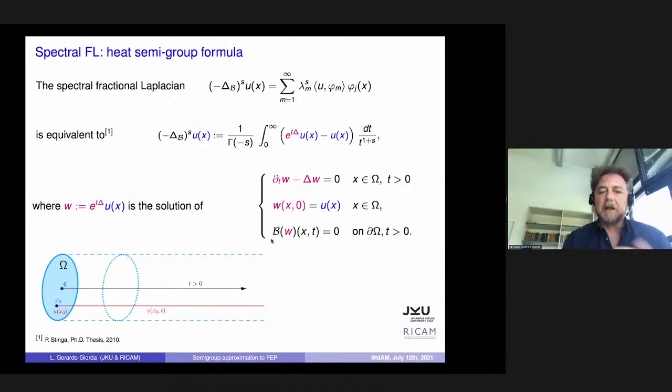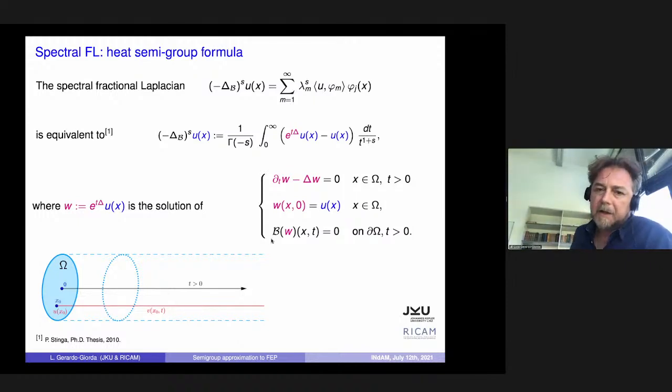So to some extent, we dump the boundary condition into this heat equation. Once we have the solution of the heat equation, we have to compute the integral over this auxiliary time, because we don't really have time as a variable of our problem at the moment.